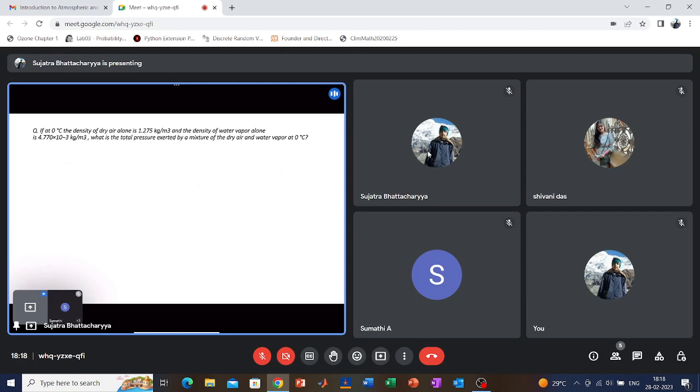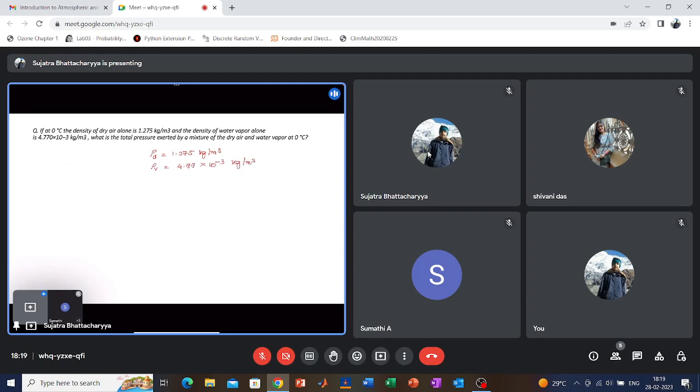At 0 degrees Celsius, the density of dry air is given, therefore rho d is 1.275 kg per meter cube, and the density of the water vapor alone, rho v, is 4.77 into 10 to the power minus 3 kg per meter cube.